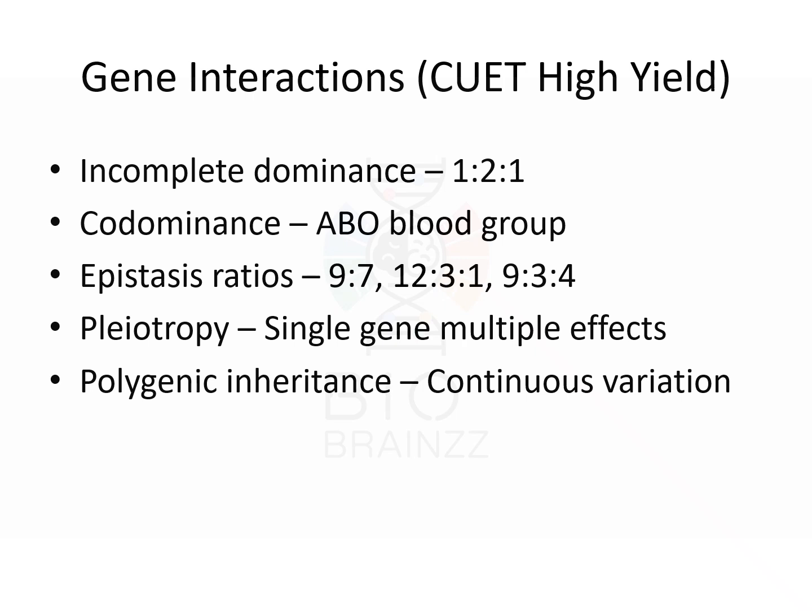In codominance, both alleles are expressed, like in ABO blood groups. Epistasis happens when one gene masks another and changes the expected ratio. Pleiotropy means one gene affects many traits, and polygenic inheritance involves many genes controlling one trait, like height.